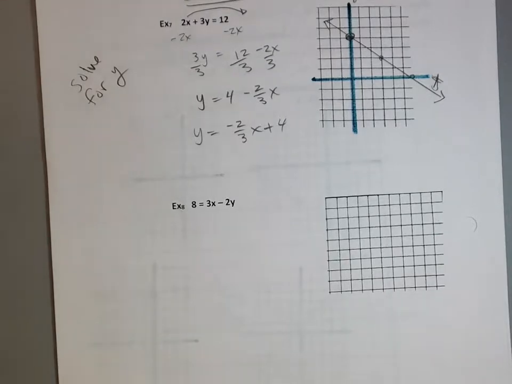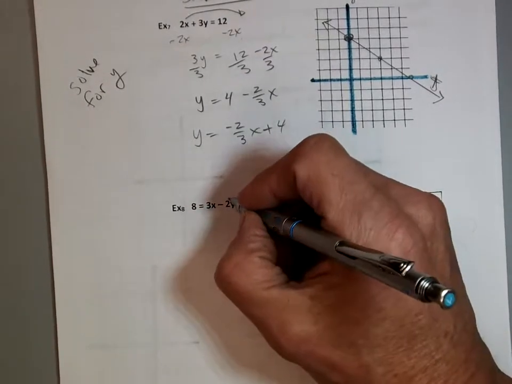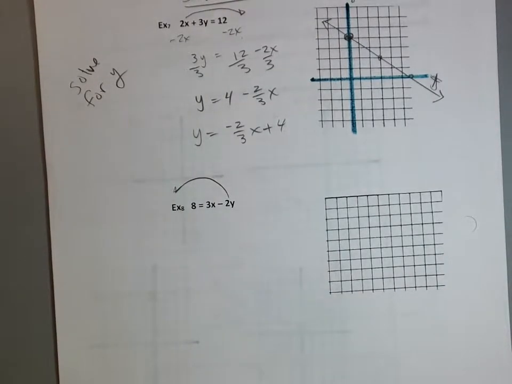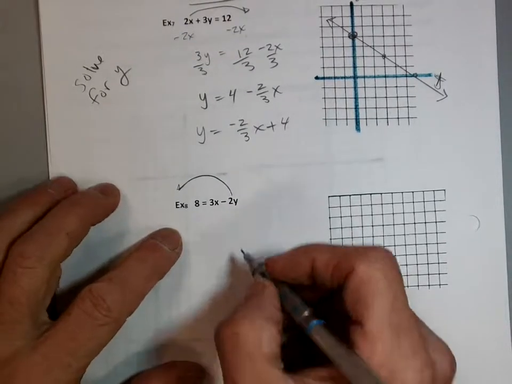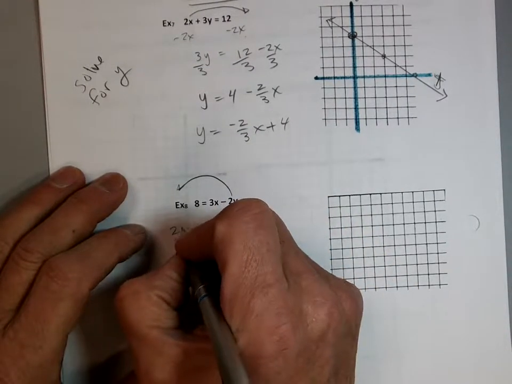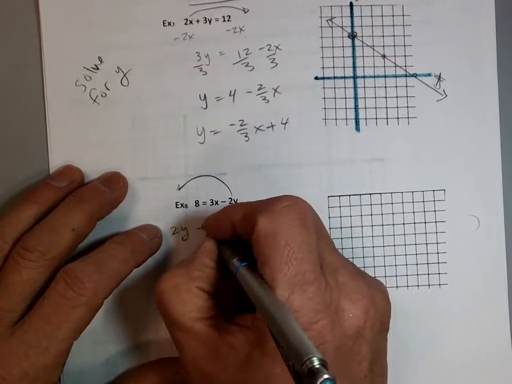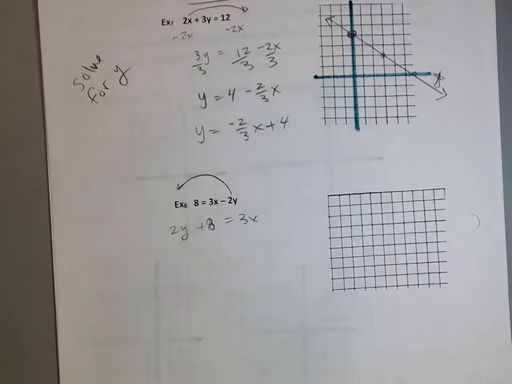If we put y on the other side, it becomes positive 3y. I like that idea. You can do it another way, by the way. Just because we're doing it this way does not mean this is the only way to do it. So bring the y over, I have to add 2y, right? So I get positive 2y plus 8 equals 3x. I skipped a step, but I can do that because this is Algebra 2.